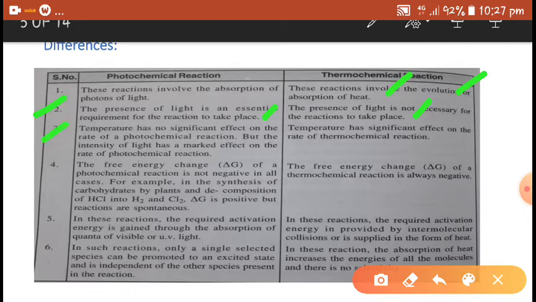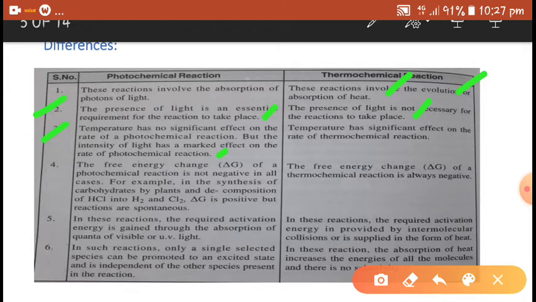In case of photochemical reactions, temperature has no significant effect on the rate of the reaction, but the intensity of light has a marked effect on the rate of the photochemical reaction.